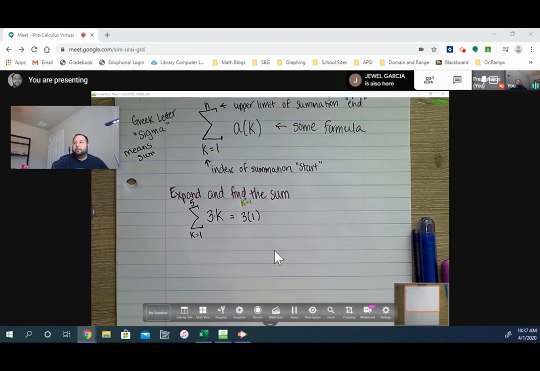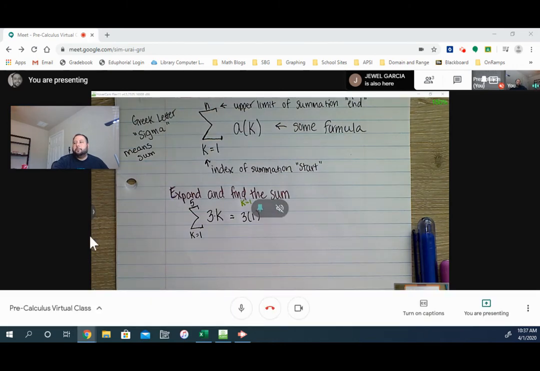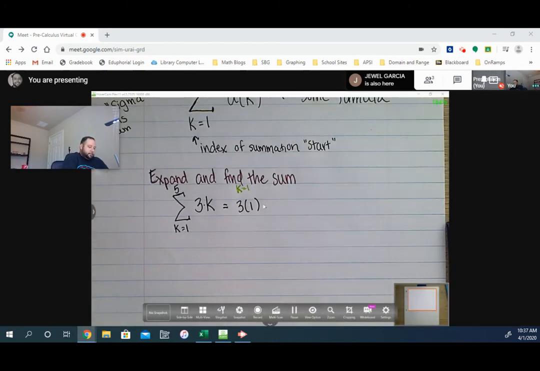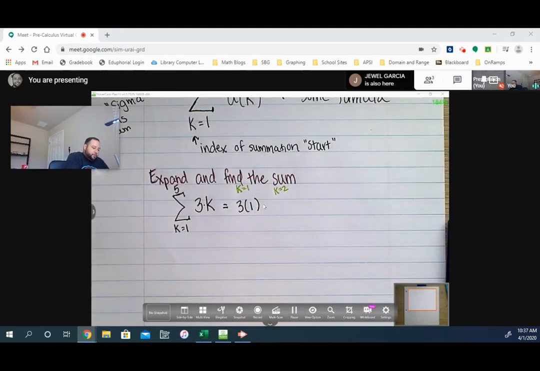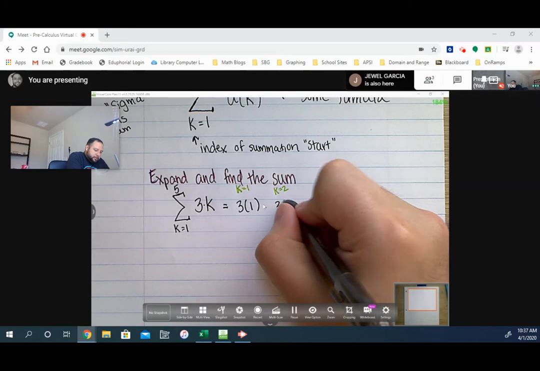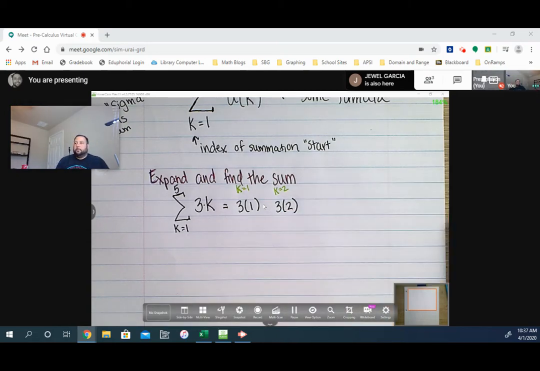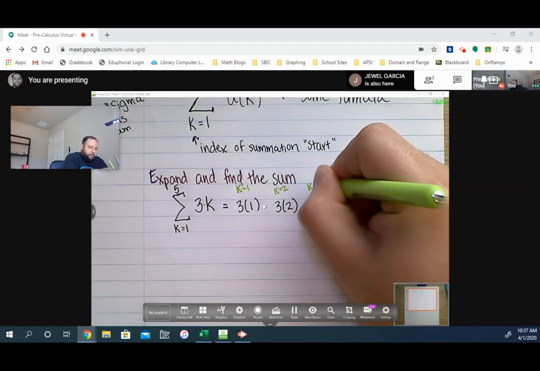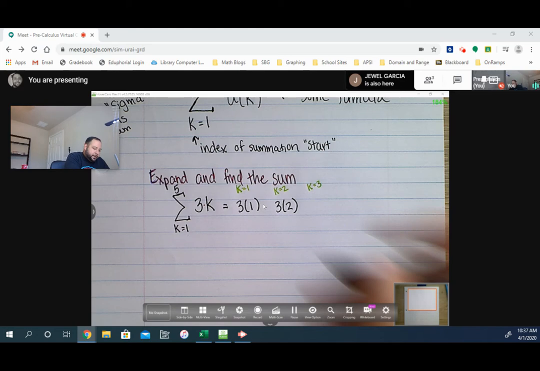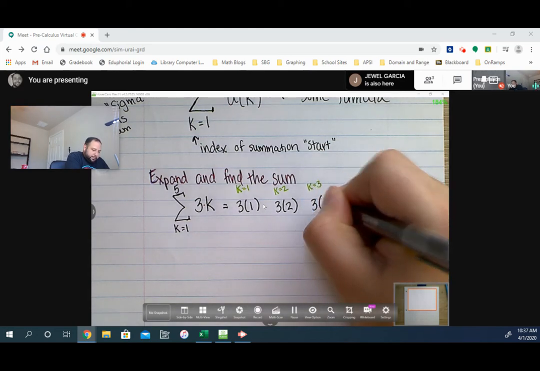When k is equal to 2, I'm going to do 3 times 2. Then when k is equal to 3, I'm going to have 3 times 3.